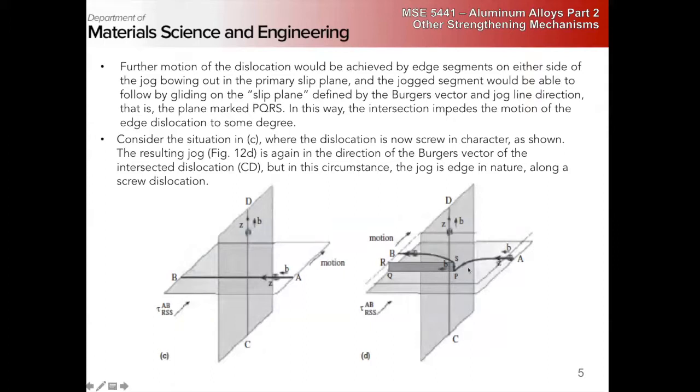So can you see that this is going to be very costly, a big impediment to motion, because this jog can only go this way, and if this dislocation has already moved up, in order for this to move sideways, you have to pull this dislocation back. So eventually your motion becomes: I run this forward, my jog goes this way, and it gives me more motion than I'm able to go forward here.